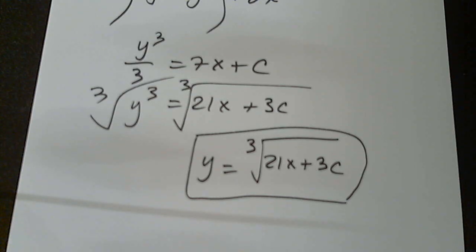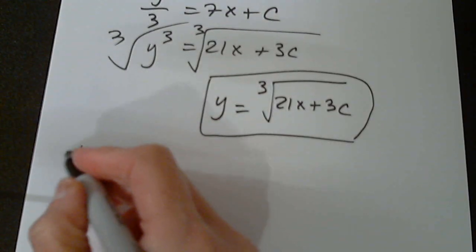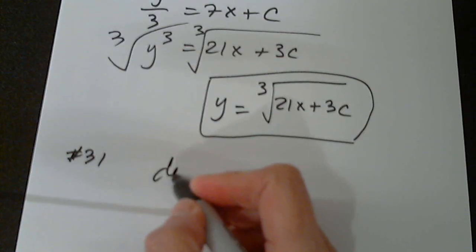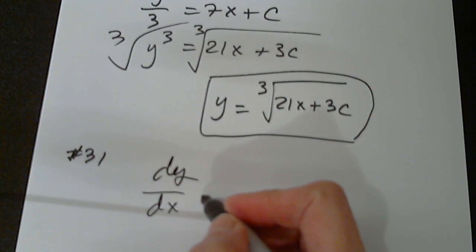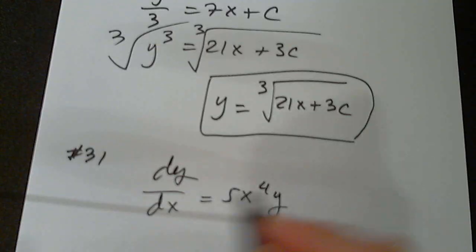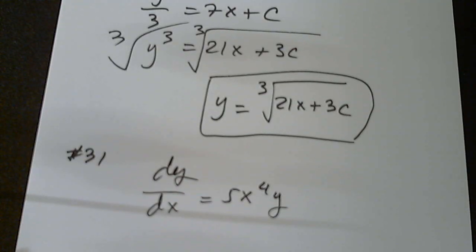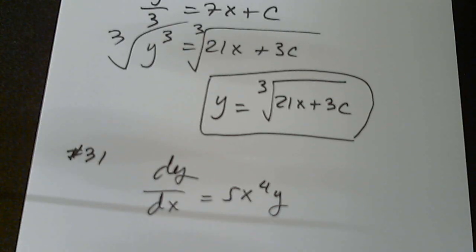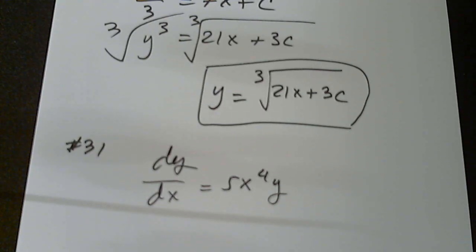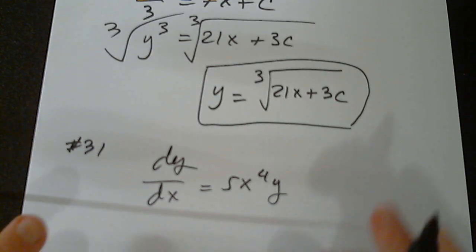Yes, let's also look at 31. In 31, we have dy over dx equals 5x to the fourth y. Can anyone walk me through now, since you've seen so many? What would you do first? What is the first step? Multiply by dx. Yes, multiply both sides by dx.